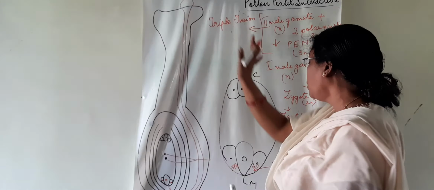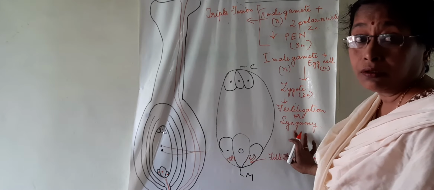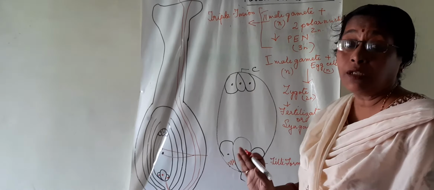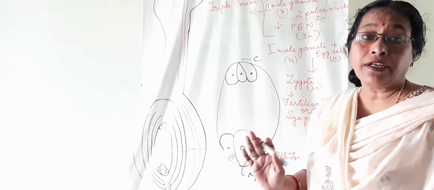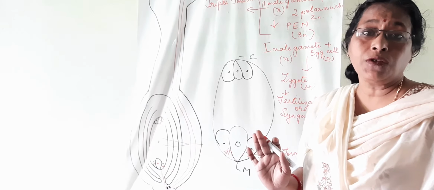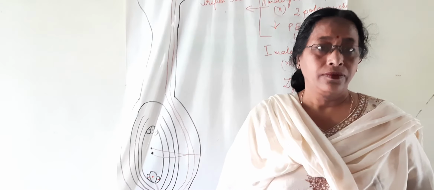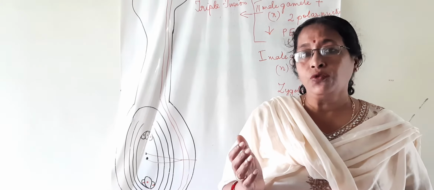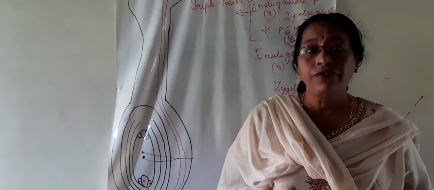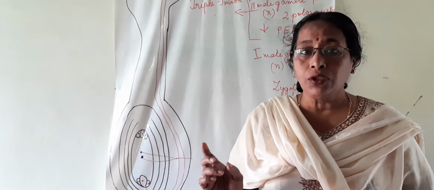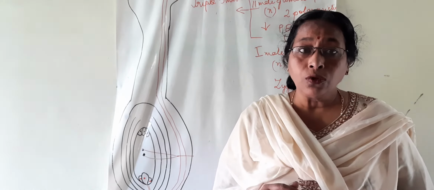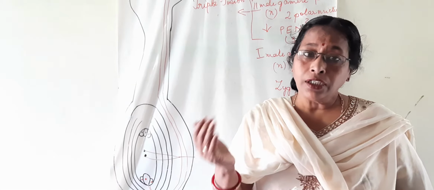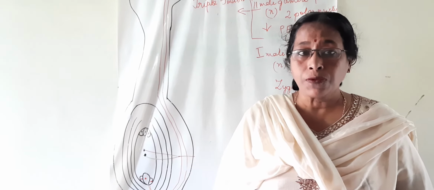So triple fusion plus syngamy is known as double fertilization, which is a very important characteristic of all the angiospermic plants. Triple fusion helps in the formation of the primary endospermic nucleus, which later on becomes the primary endosperm cell, which again gives rise to endosperm.